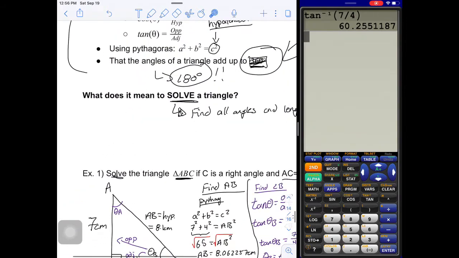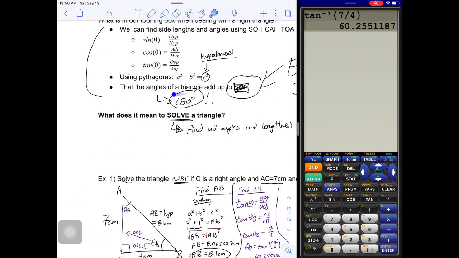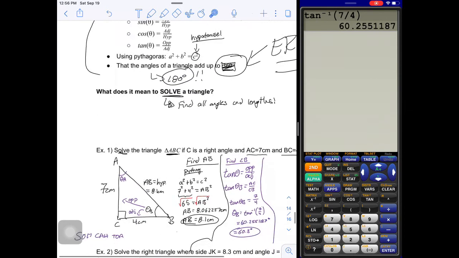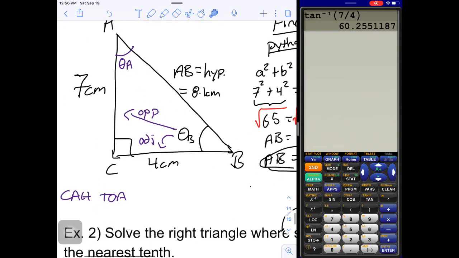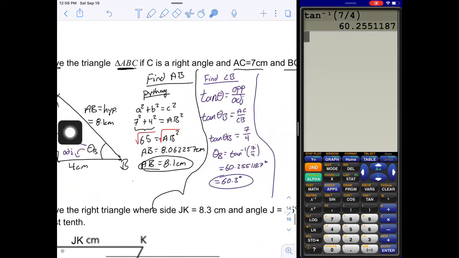But I'm actually going to use this rule, that the angles of a triangle add up to 180 degrees, okay? Because we have 2 of the angles now. We have angle C, which is 90 degrees. We have angle B, which is 60.2551187. And we are trying to find one angle here.